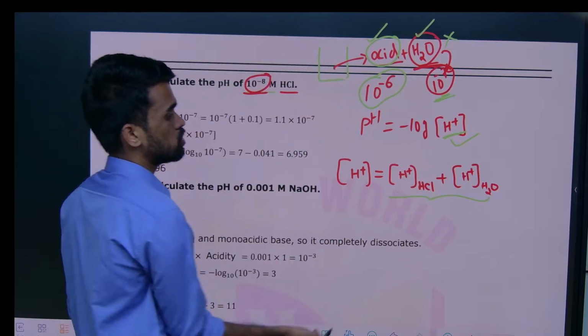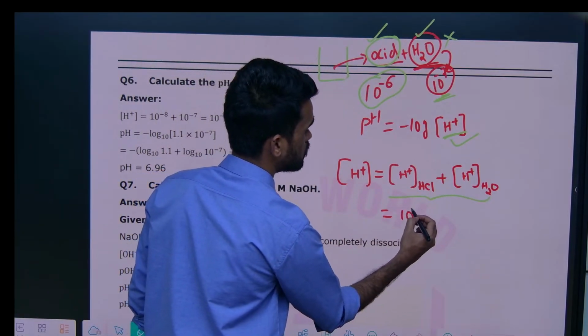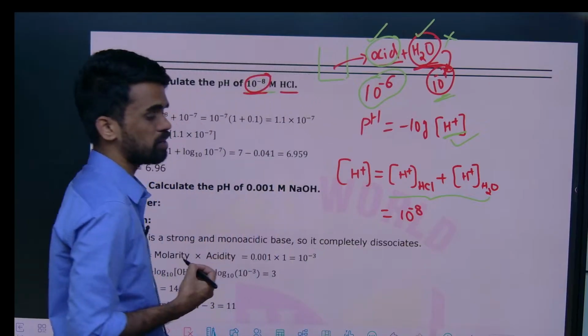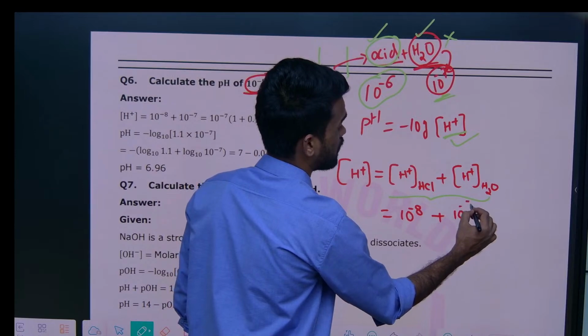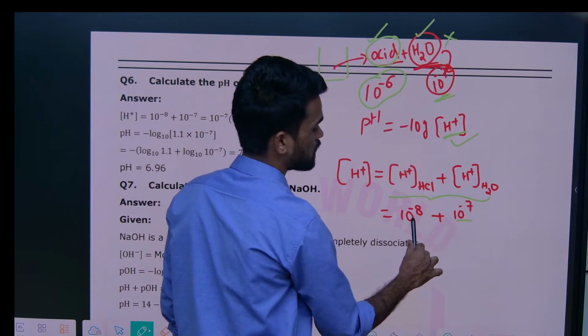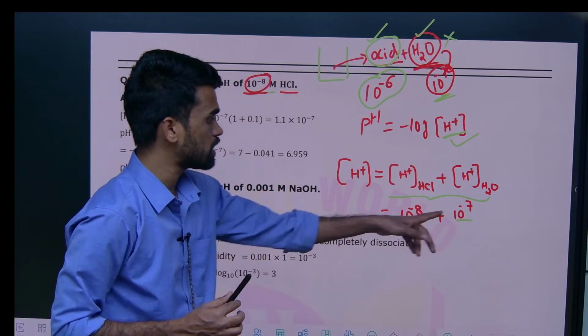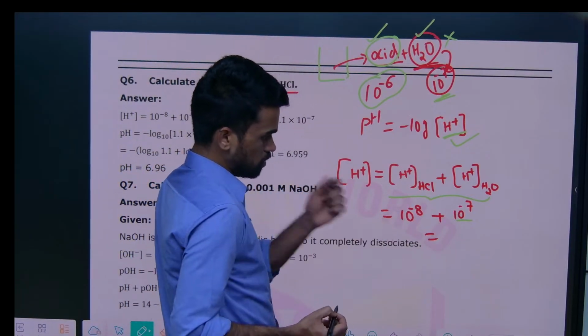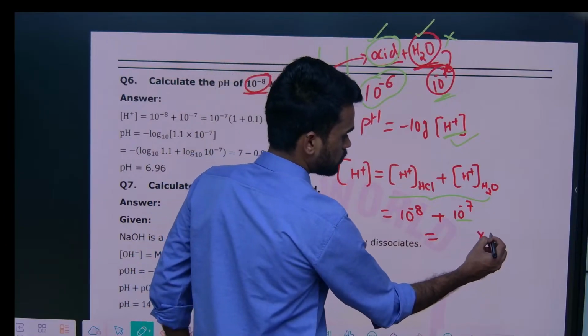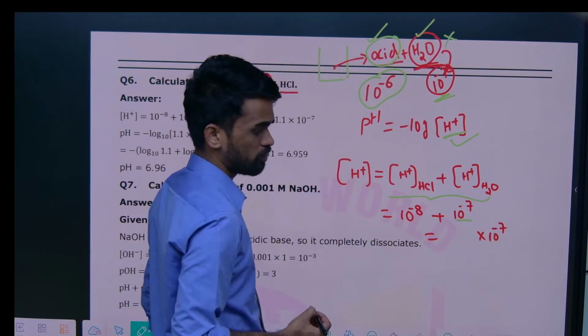Now what is the H plus ion coming from acid? That is 10 power minus 8, and from water we know at 25 degrees it is 10 power minus 7. See, 10 power minus 7 is bigger than 10 power minus 8, so you should not ignore this value. You can write 10 power minus 7 as a common factor.